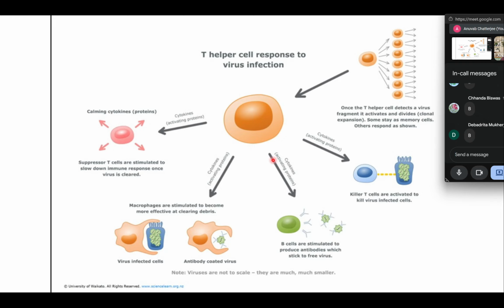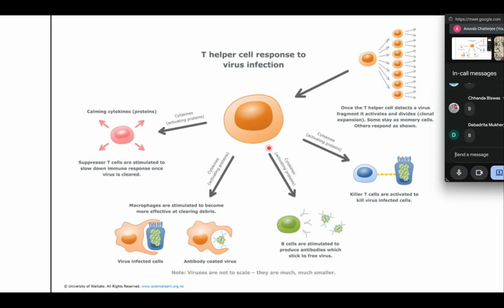They also produce cytokines. Cytokines are activating proteins that help the immune system go into overdrive, and they help the other type of immunological cell, the B cell, to start producing antibodies. Antibodies are proteins which can detect these different foreign bacteria.